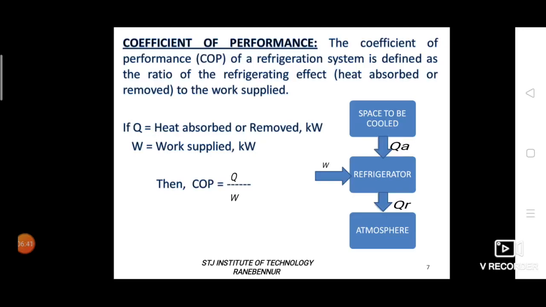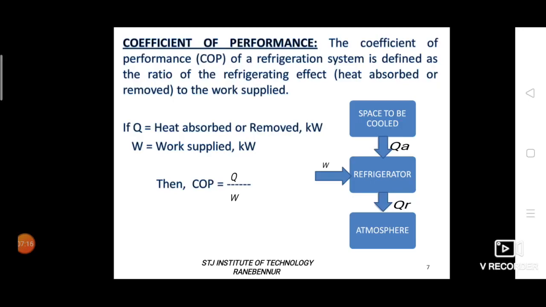Next one, coefficient of performance. The coefficient of performance of a refrigerating system is the ratio of refrigerating effect to the work supplied. Just observe this diagram. Heat will be absorbed from the space which has to be cooled, which is inside the refrigerator, and that heat will be rejected to the atmosphere.